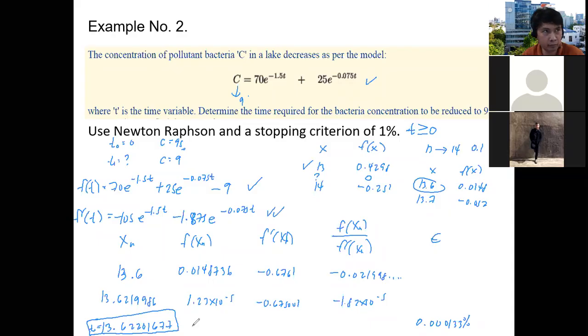Kasi pag ginamit mo, let's say, a value which is far from the real value of x, mas maraming iteration process, no? Anyway, this will give us the same value. So, nag-start lang tayo sa 13 so that we can minimize the number of iteration. Okay na?